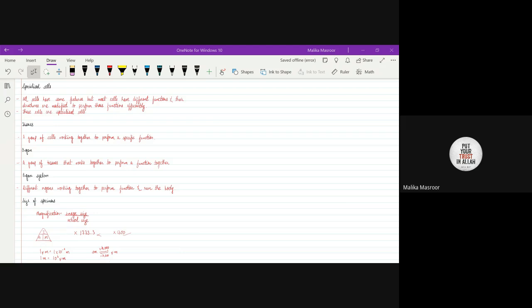Platelets. Alright, is this clear? You don't need to actually learn all of them. I gave you 5 examples right now. You cannot learn all of them because there are so many specialized cells.